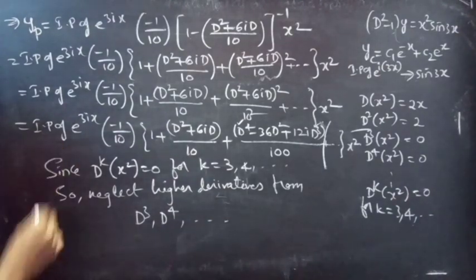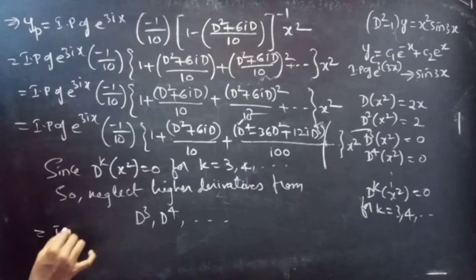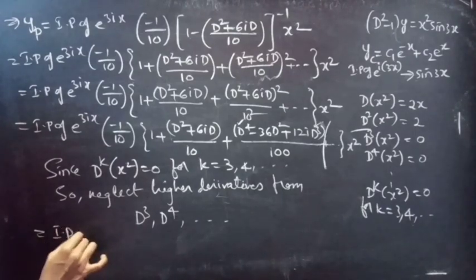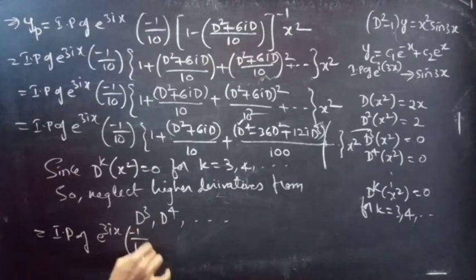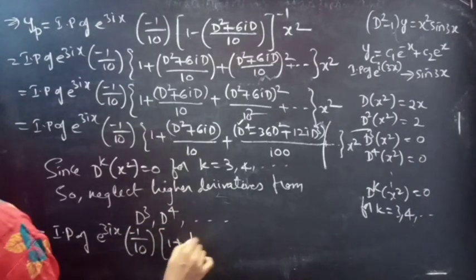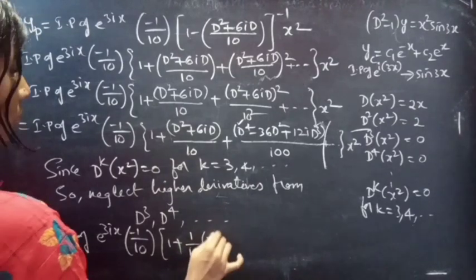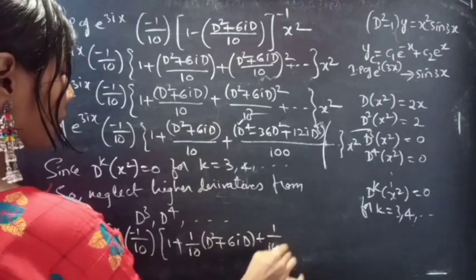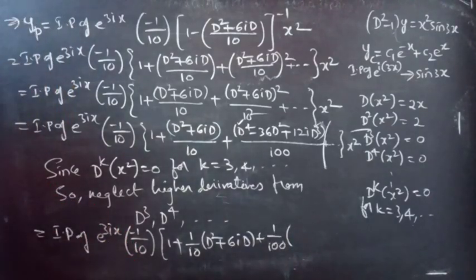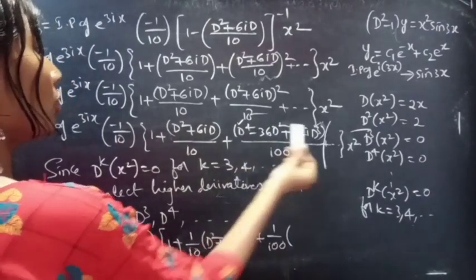Then our yp becomes the imaginary part of e^(3ix) into −1/10 into (1 + 1/10 into (d² + 6id) + 1/100 into ..., also we are going to neglect d⁴ and d³, right?